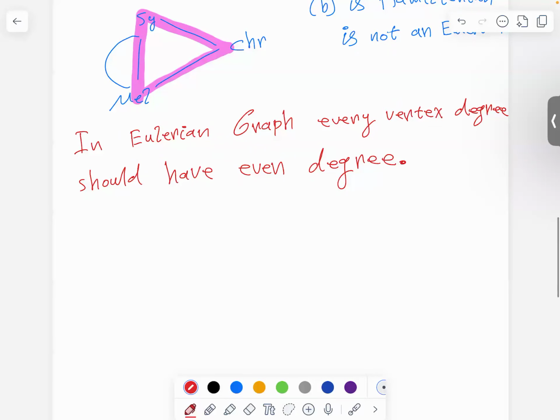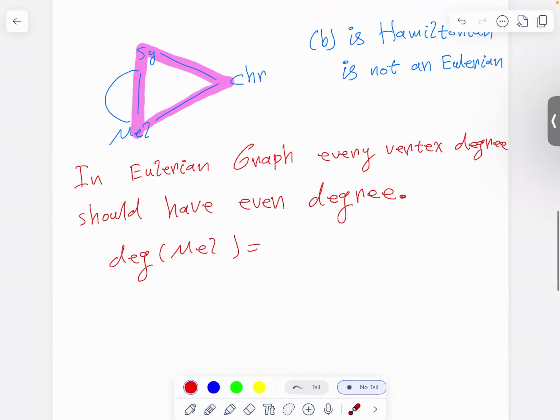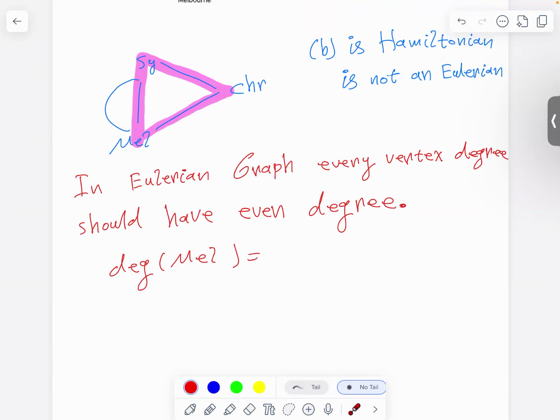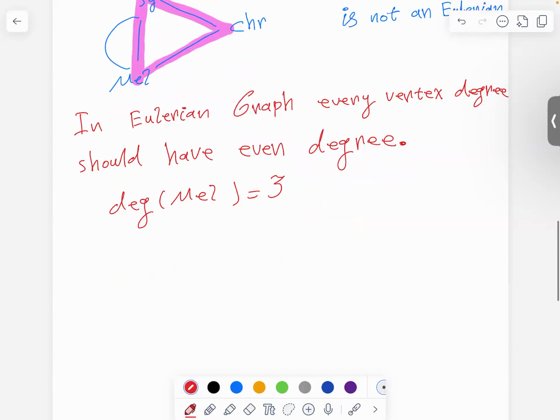So let's analyze. The degree of Melbourne is 1, 2, 3. What I mean by the degree of Melbourne is how many edges are attached to the vertex Melbourne. Well, this one is 3, obviously.